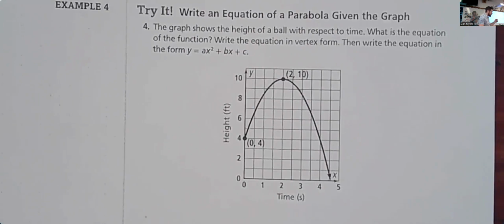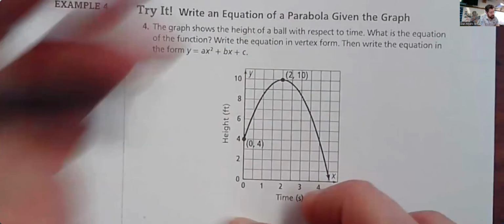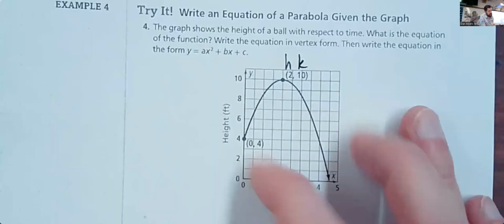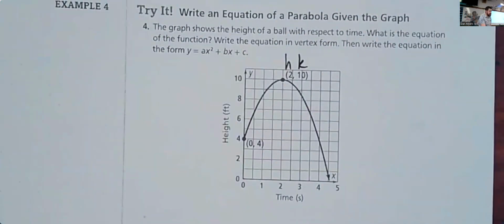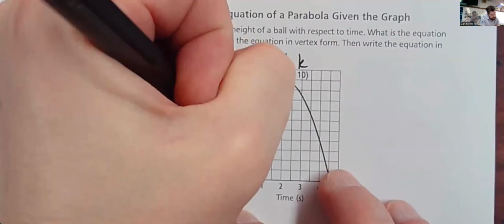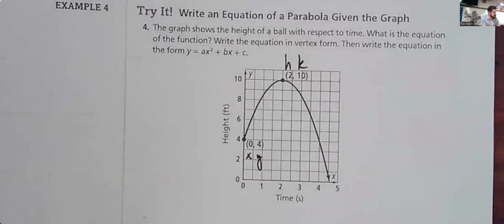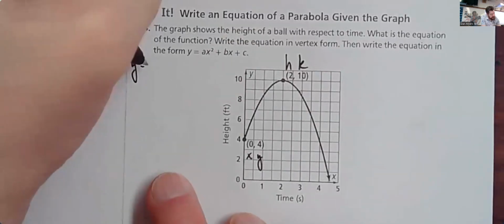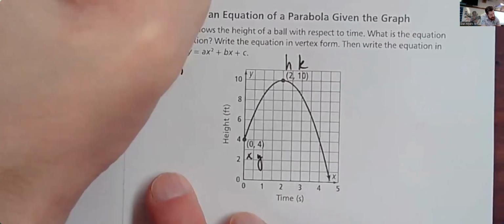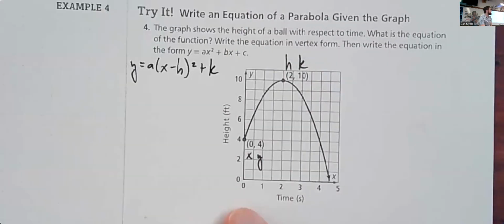So where's our vertex? 2, 10. All right, so (2, 10) would be h, k. We also have an x, y value right here at (0, 4). So there's x, y. So if we have our vertex form, that's going to be y equals a times x minus h squared plus k.